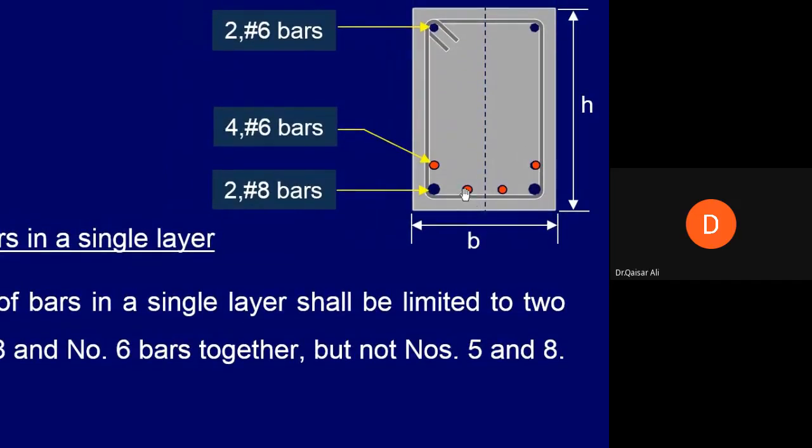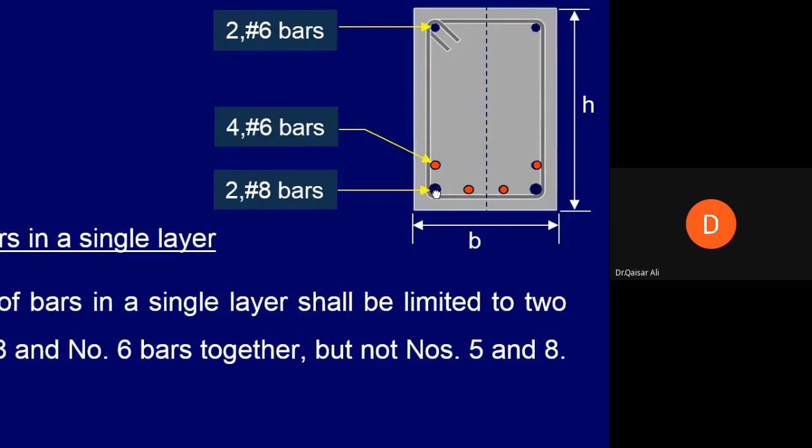After 8 we have number 7, then number 6, and then number 5, so the difference becomes 3 bar sizes. In one layer, this must be followed. But if bars are to be placed in the second layer, then it can be of any bar diameter.